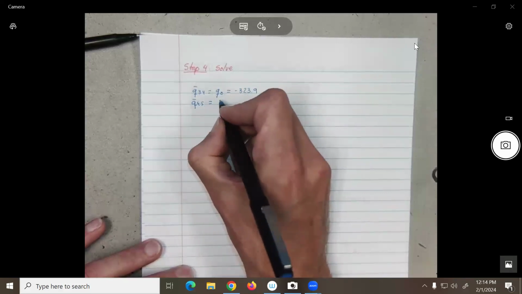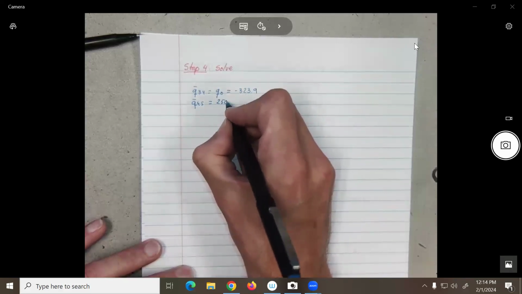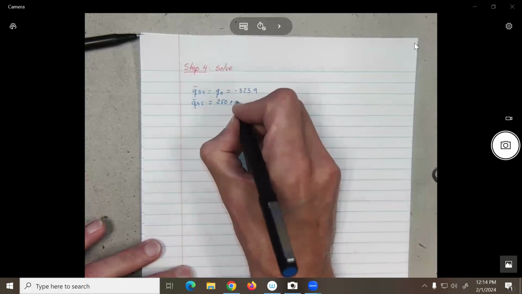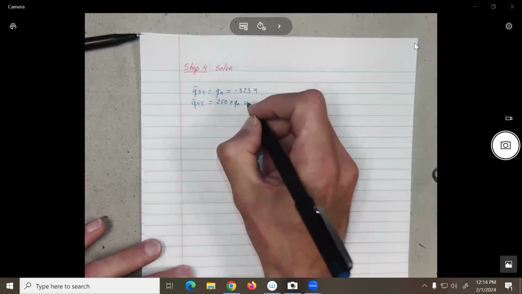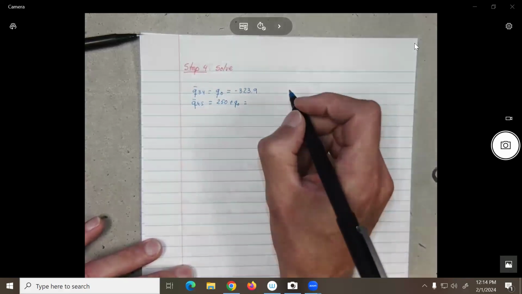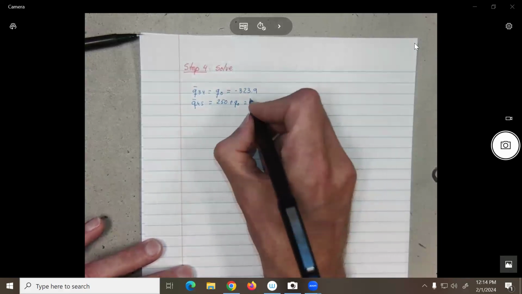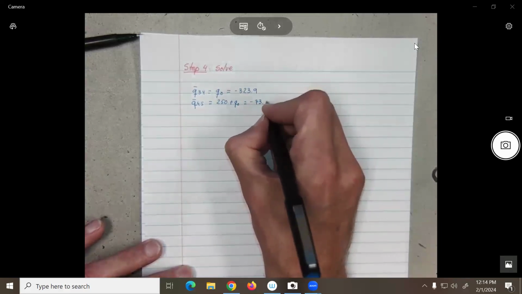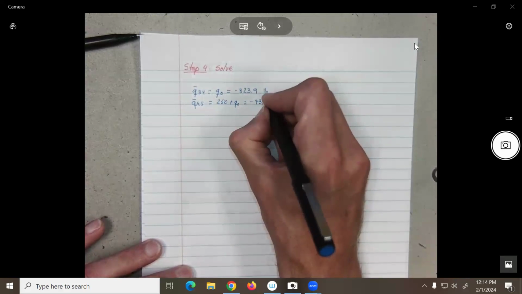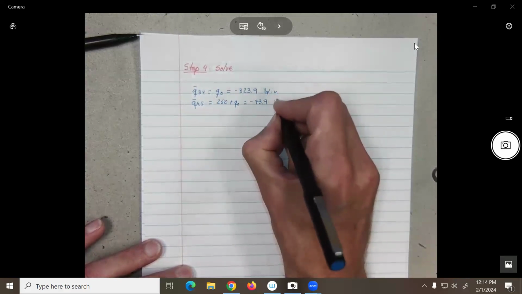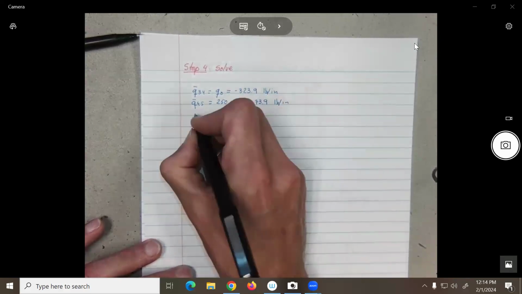Q bar 4, 5 is 250 plus Q naught. So this is going to give you minus 73.9. And let me put the units, pounds per inch.